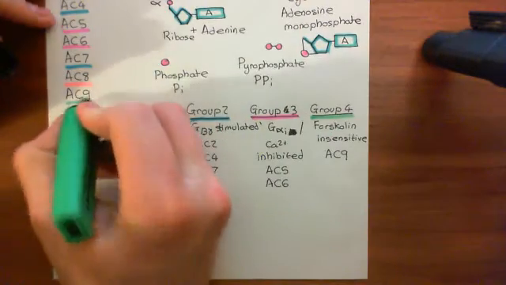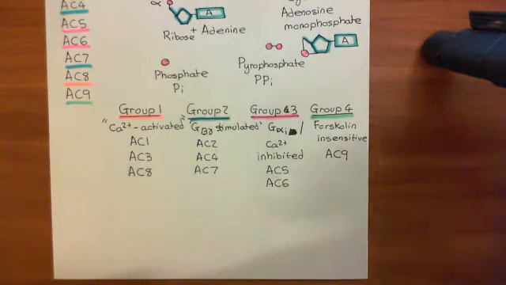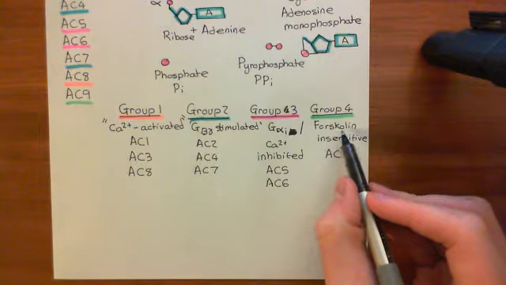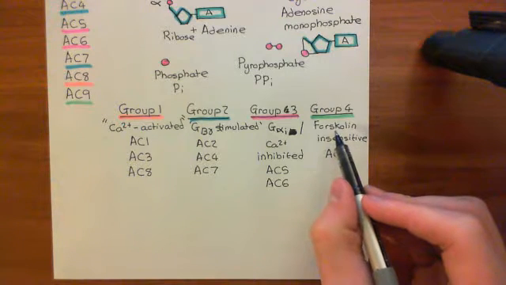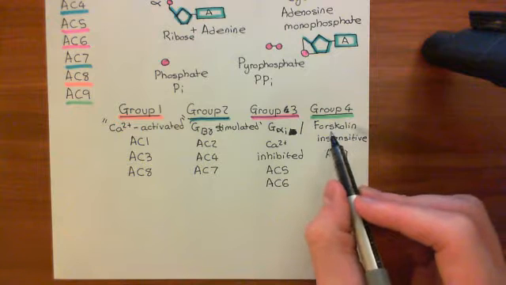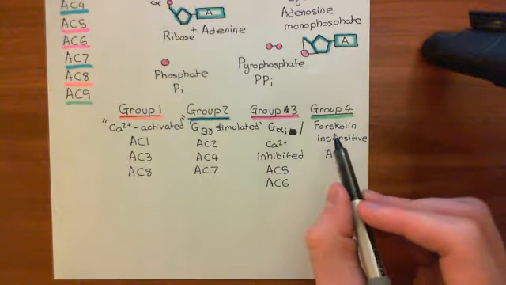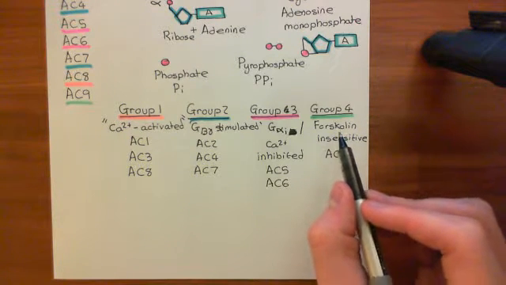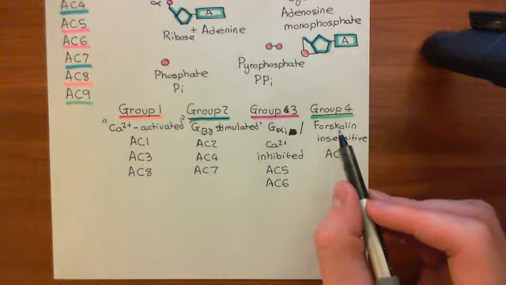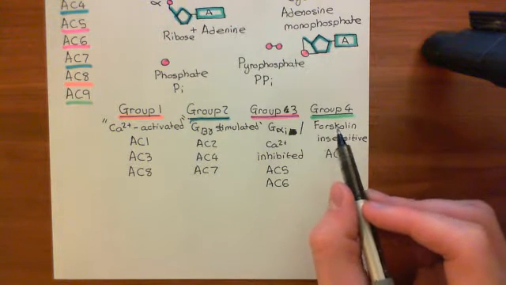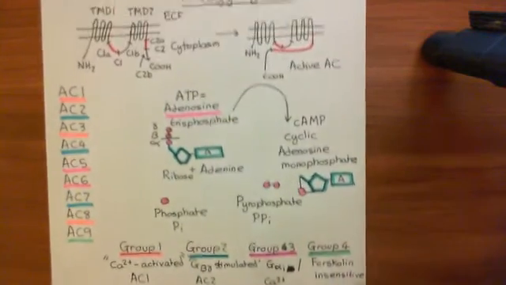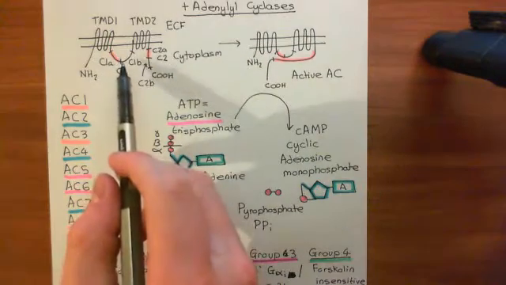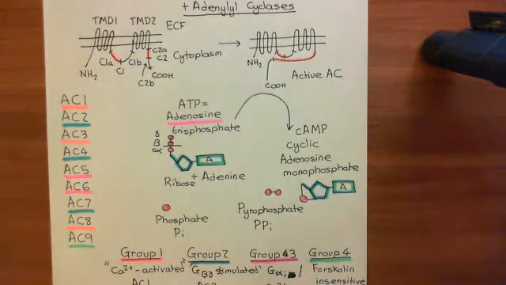Basically, forskolin is a drug which promotes the activation of adenylyl cyclases. Now, I don't believe it's actually used at all clinically. It's an experimental drug. It's used in experimental science if you want to activate adenylyl cyclases. Basically, it triggers adenylyl cyclases to go from the inactive state where, remember, the C1a and C2a domains are not dimerized, to the active state where the C1a domain and the C2a domain are dimerized.